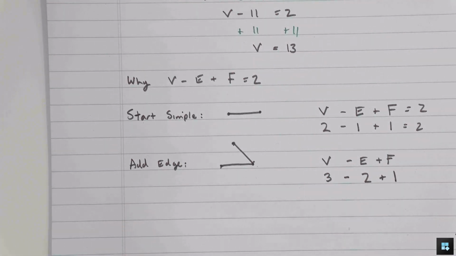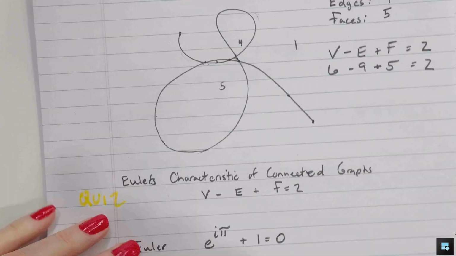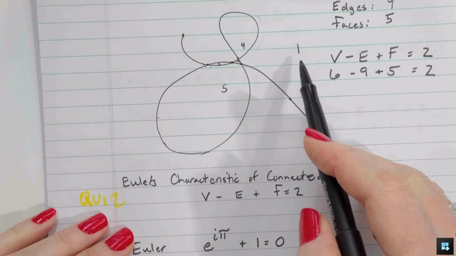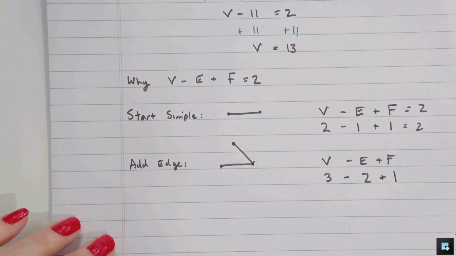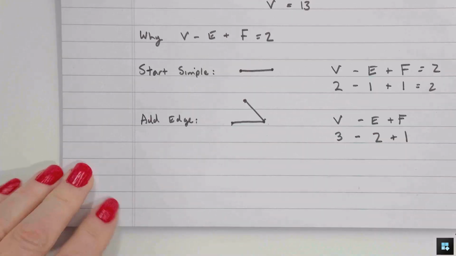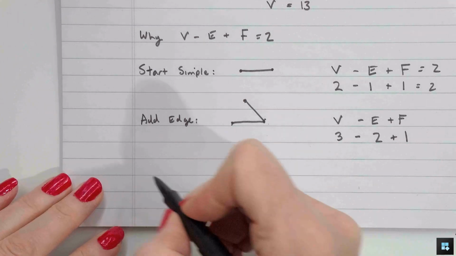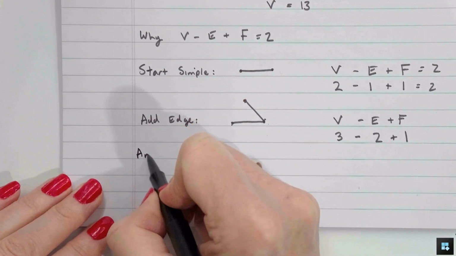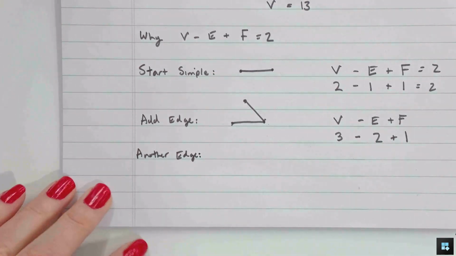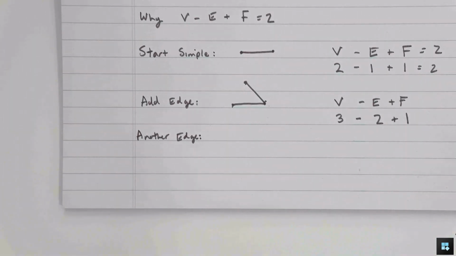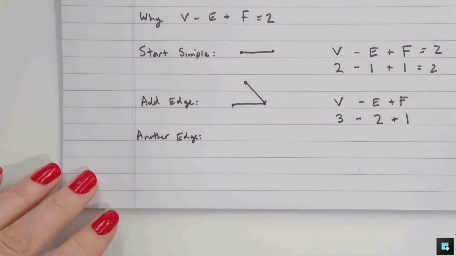So faces are enclosed regions. Okay, faces are completely enclosed, or the outside. So I still just have the outside face. Let's add another edge. Now you could just add your edge so that it didn't make a face, but let's add our edge so that it does make a face.